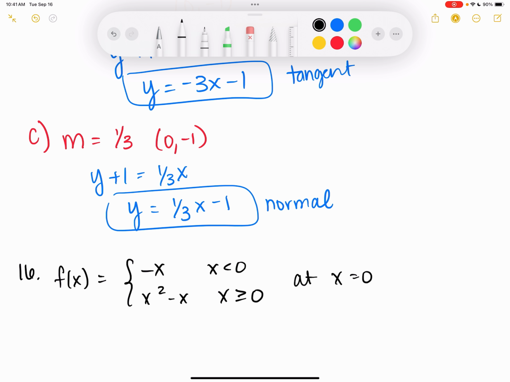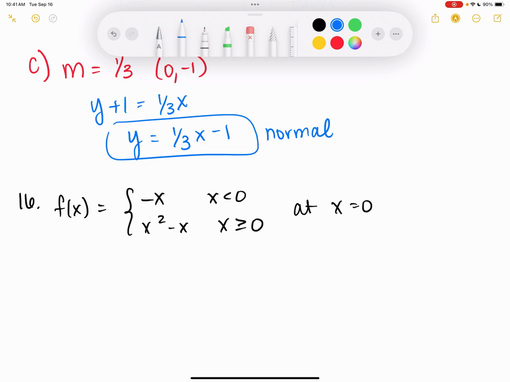For the first one, I'm just going to note here that I'm using negative x. The limit as h approaches 0 of f of a plus h, and again a is 0, but I'm going to write it out. So I've got negative 0 plus h minus, evaluated at 0, f of a is just 0, all over h.